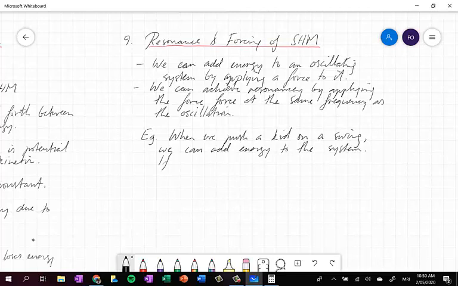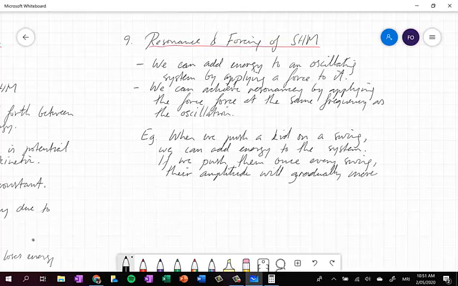If we push them once every swing, their amplitude will gradually increase to a maximum.